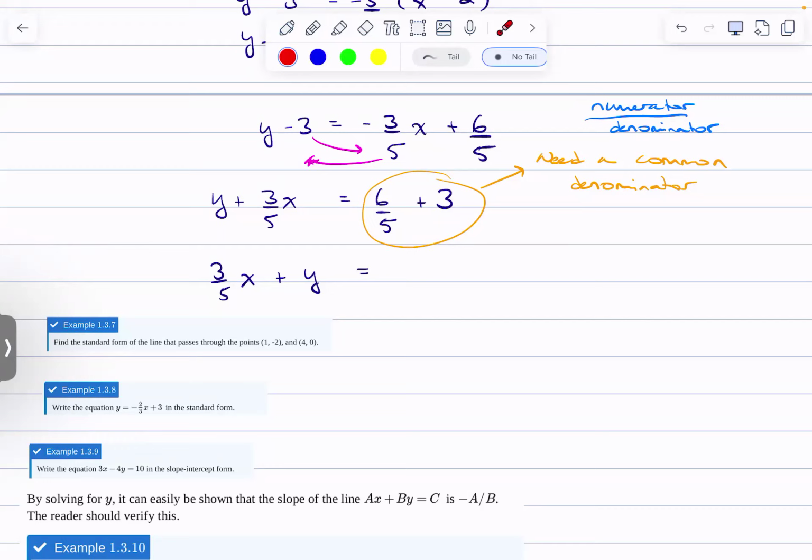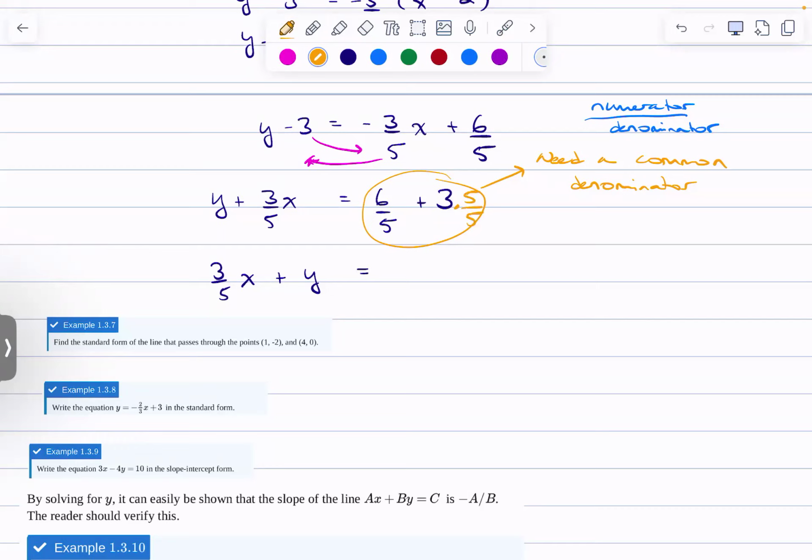And so we've got a numerator and a denominator, and so we need a common denominator. The easiest way, not the fanciest by any means, is to just force a common denominator of 5. And so how can you do that? What if I multiply by 5/5?